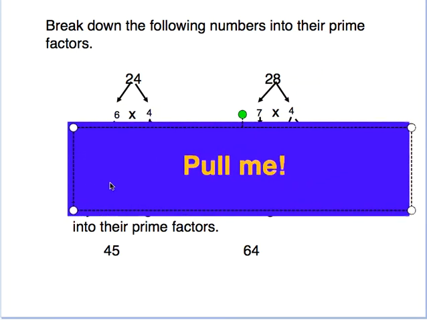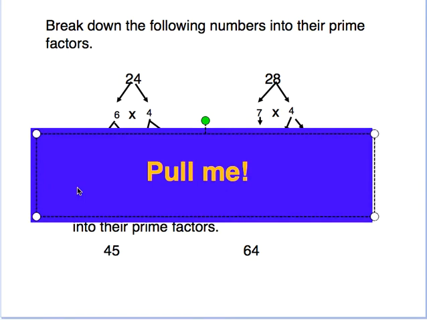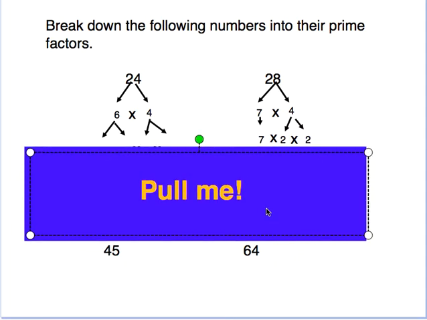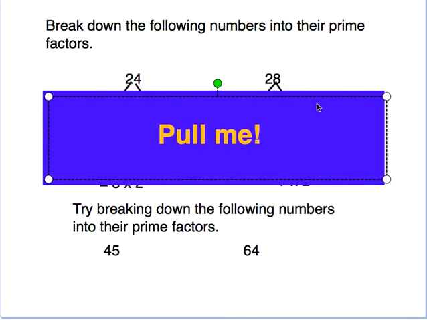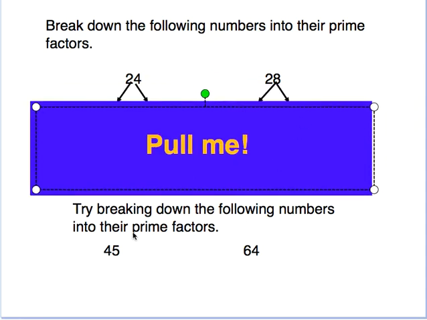If we do the exact same problem with 28, we can divide this into 7 times 4. 7 is now a prime factor, but 4 is not, so we would have to divide that into 2 and 2. And you can imagine that we would have 7 times 2 to the power of 2, because there are only 2 2's and 1 7. You can try breaking these down by yourselves.